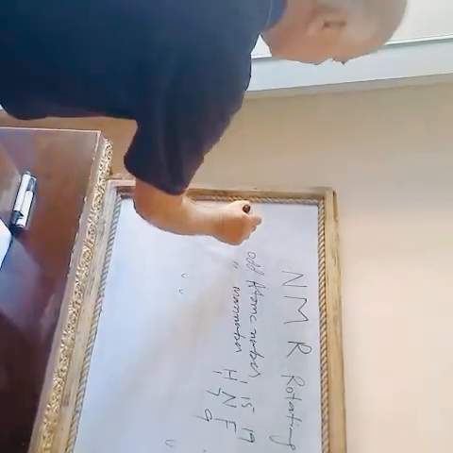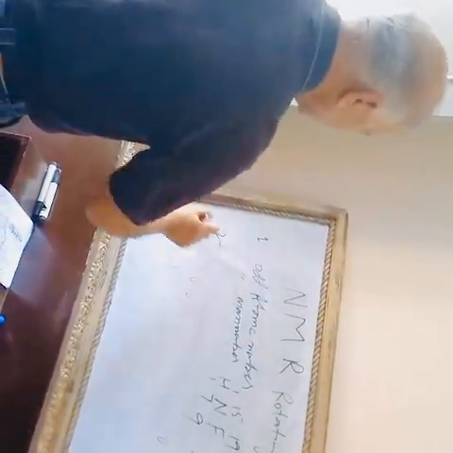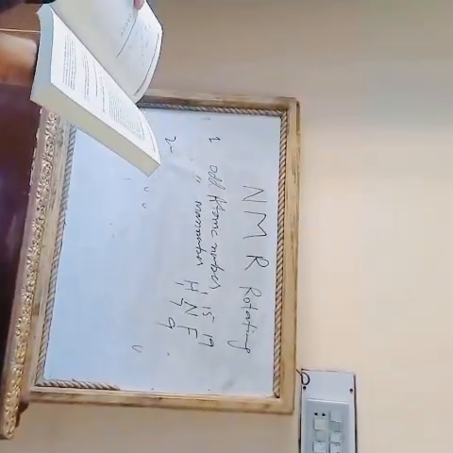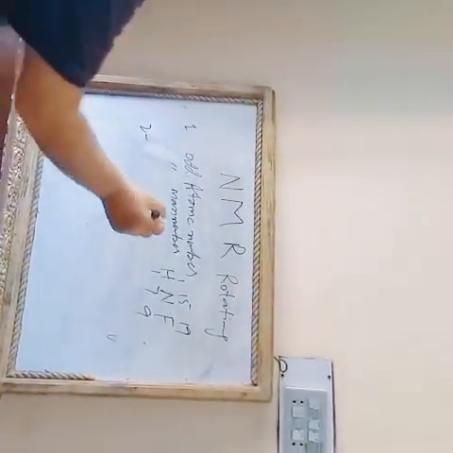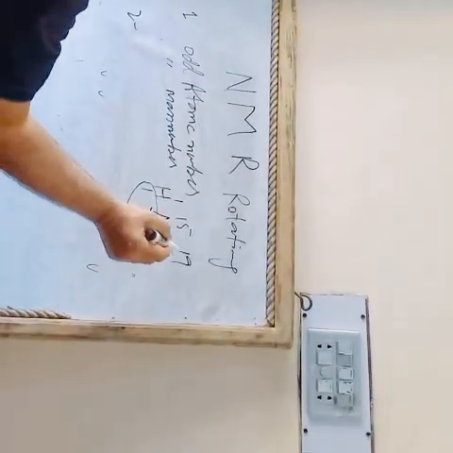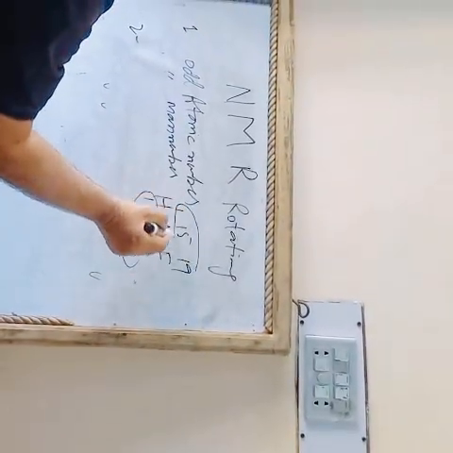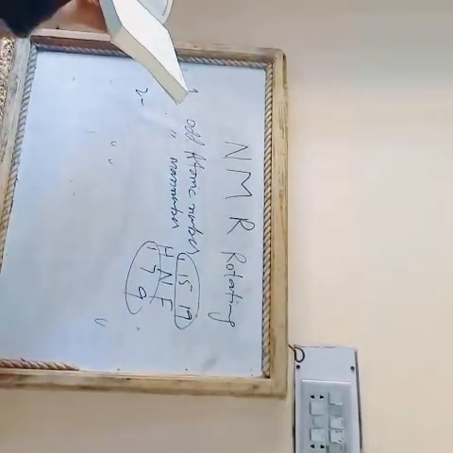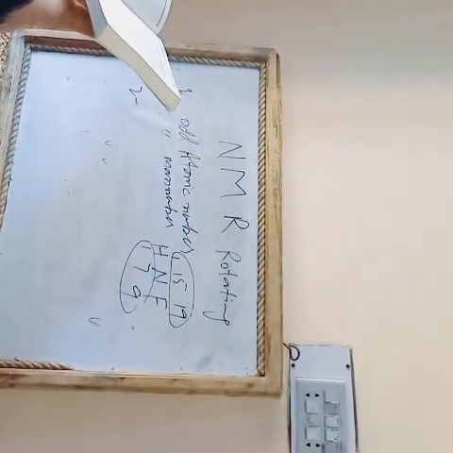The second category includes odd atomic number and even mass number. This is the atomic number which we have written here, and that is the mass number.